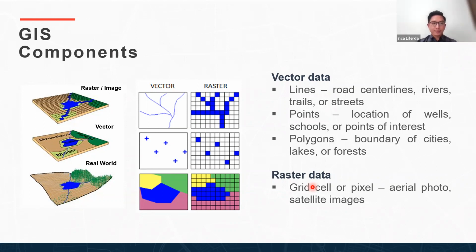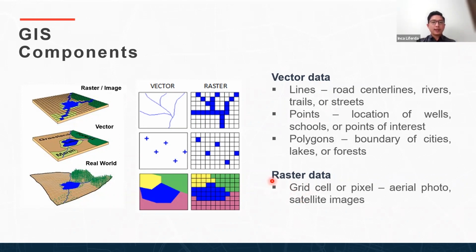Google Maps, for example, uses satellites to take photos of the Earth's surface, and the photos are converted into maps. They are used as raster data. If we zoom in on the photo, it's going to be pixels like this. This is the raster data.